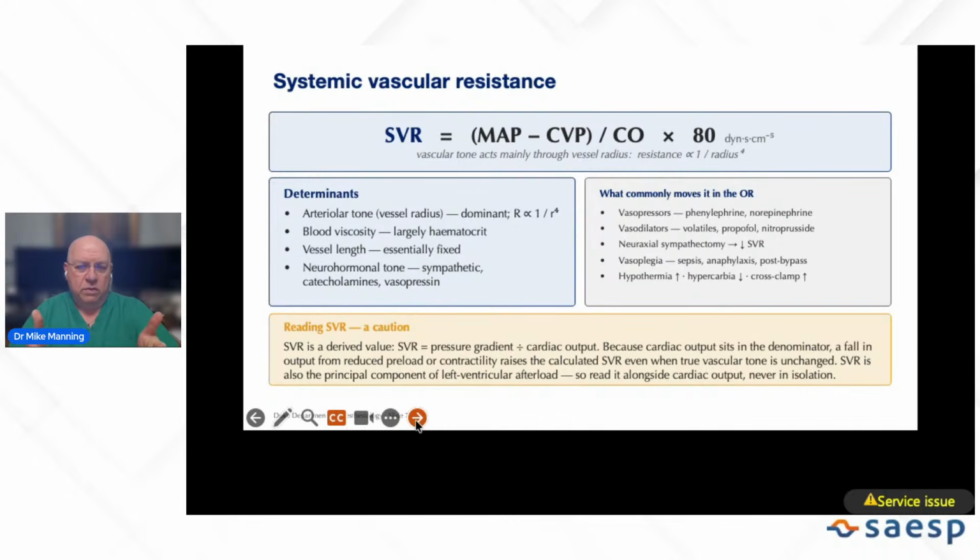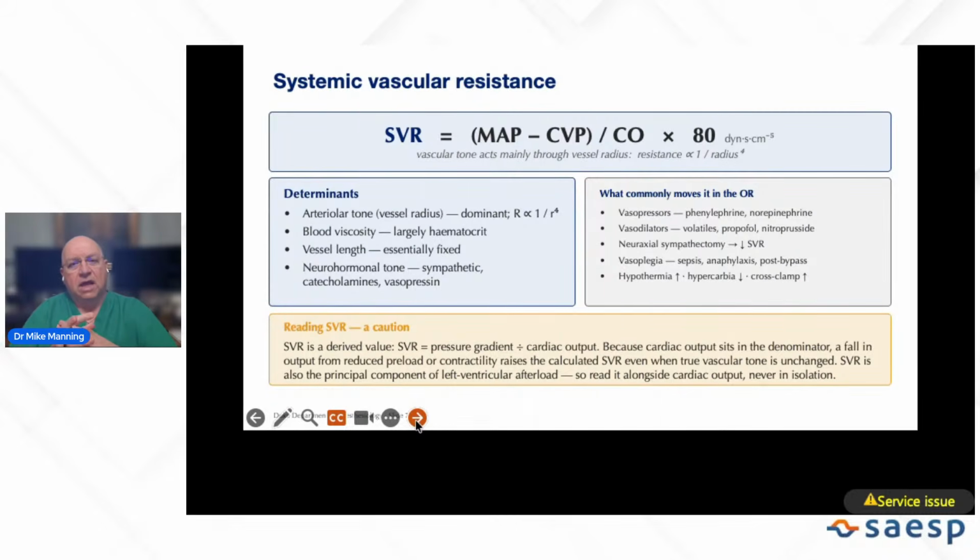So as you may remember, it's mean arterial pressure minus CVP over cardiac output. And what I think is key here is that as systemic vascular resistance starts to fall off, cardiac output is inversely related to that, so that's going to go up.